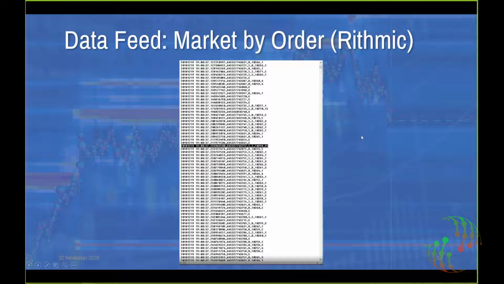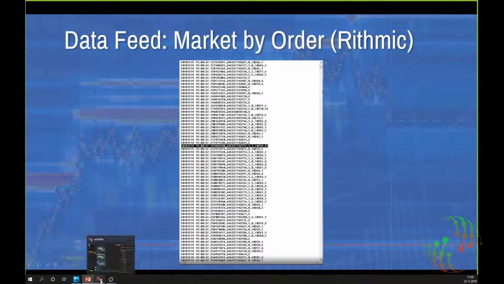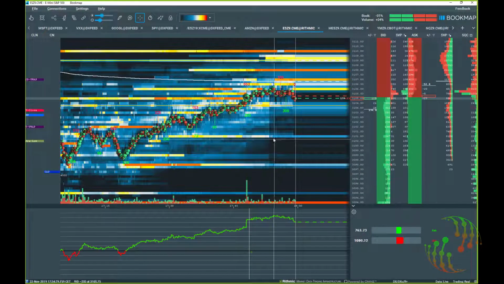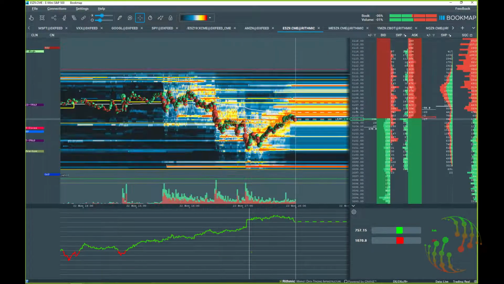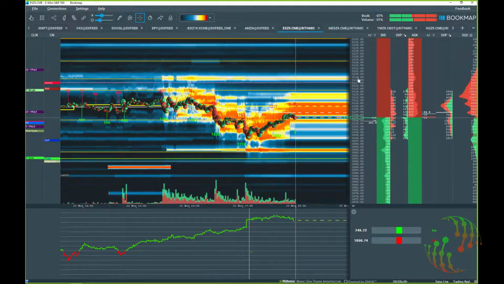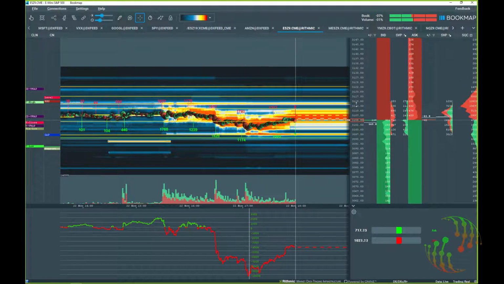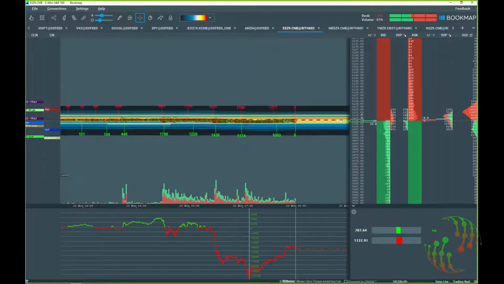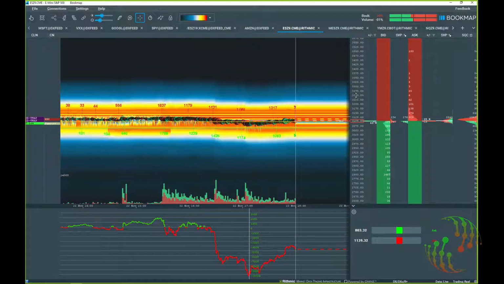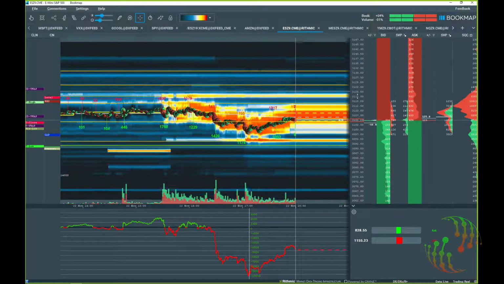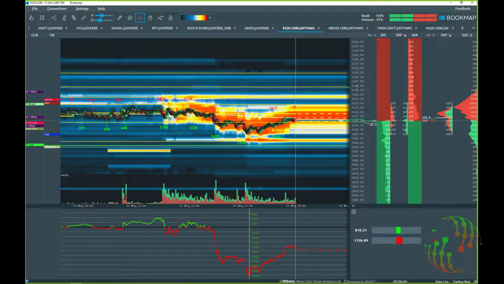Therefore, we recommend Rhythmic or the X-Feed, because, let me condense this as fast as I can. You see, we are talking about every level between, let me say, roughly 120 and 92.